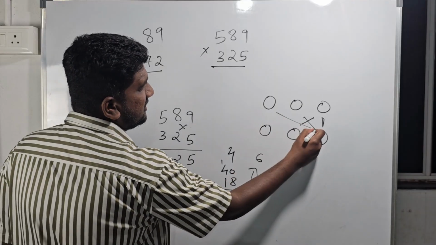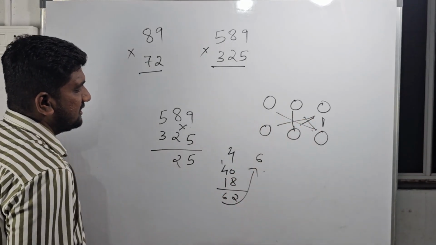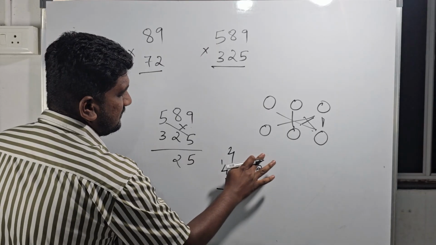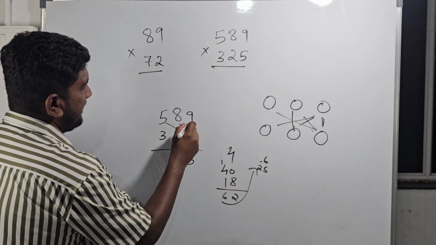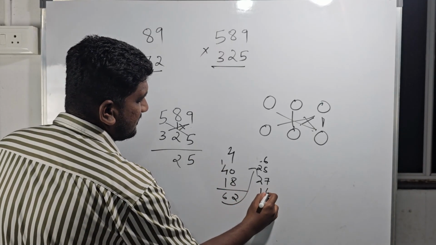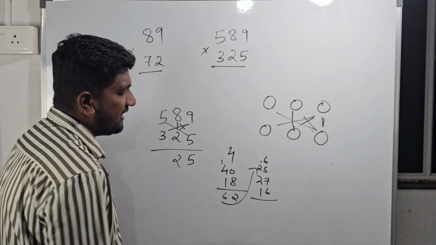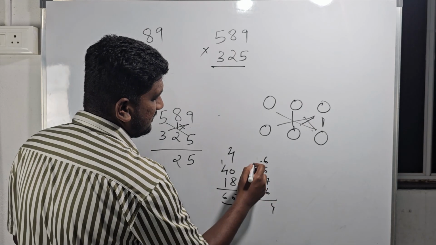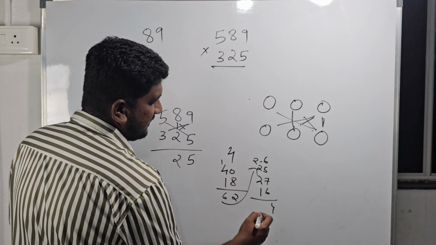Then these two numbers and these two numbers. So 5 times 5 is 25 and 9 times 3 is 27 and 8 times 2 is 16. So we'll add all this. 6 plus 5 is 11, plus 7 is 18, plus 6 is 24. Then 2 plus 2 is 6, 7.